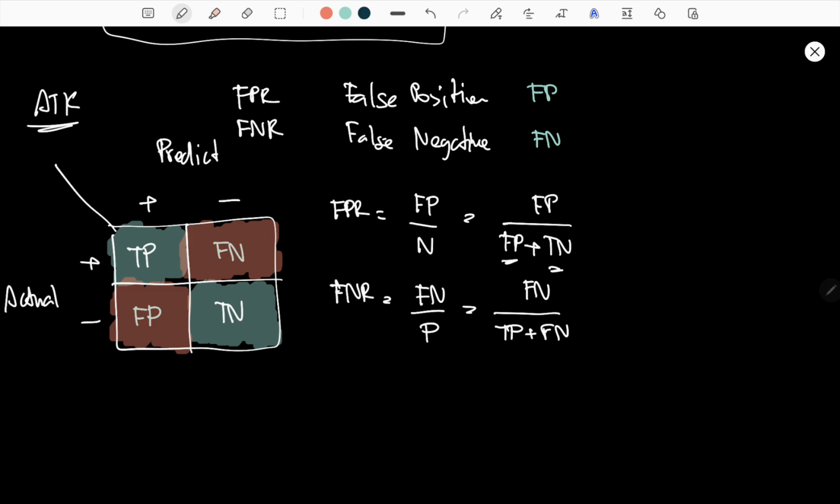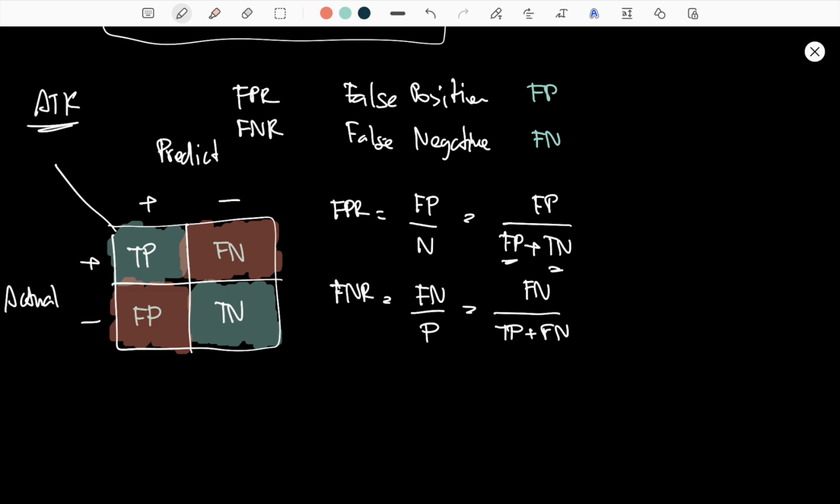Okay, so once we know the meanings of these, when someone talks about false positive and false negative, you may think about it this way.